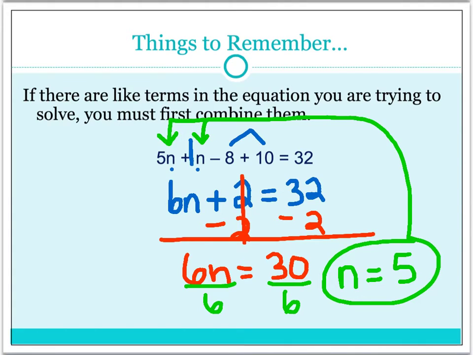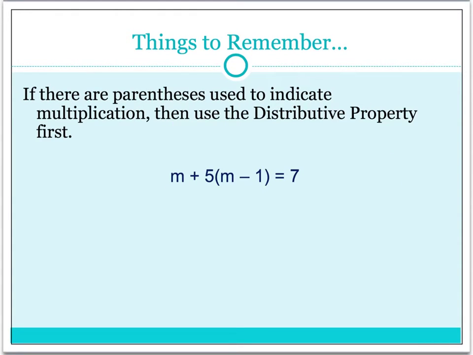Let's take a look at something else. You also know that if there are parentheses that are used to indicate multiplication, you must use the distributive property. So in this example, we see these parentheses here, and we know that the 5 in front of those parentheses is being used to indicate multiplication. So we're going to have to distribute that 5 through the parentheses using the distributive property.